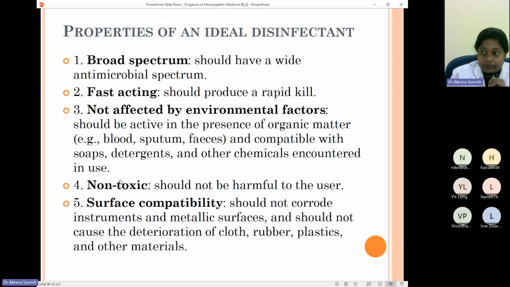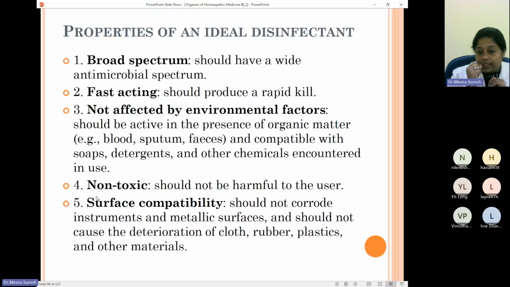Even when we leave the hospital setting and come to our house and need to clean it, if we can't use the disinfectant in combination with some detergent or soap, we need another kind of disinfectant which we can mix, even to mop a floor. So that is another criterion. All these external factors shouldn't affect the disinfectant property.